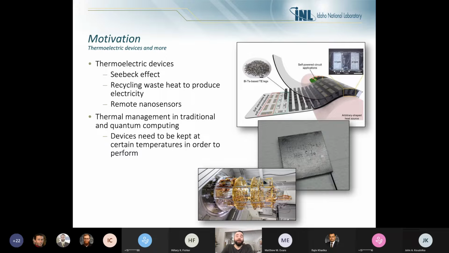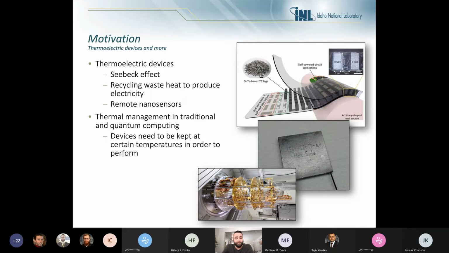If you think about industrial processes, things like generating hydrogen or manufacturing, there's a lot of heat generated with these processes too. So if one were to put on essentially parasitic thermoelectric devices to harvest energy from this waste heat, you can reduce your load on the environment and power other processes in that plant.